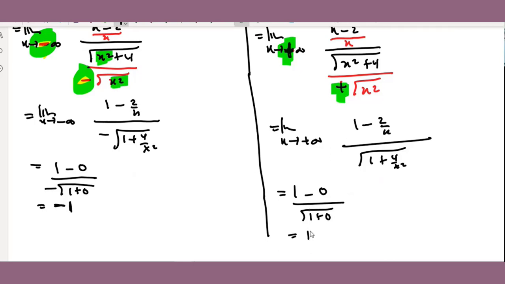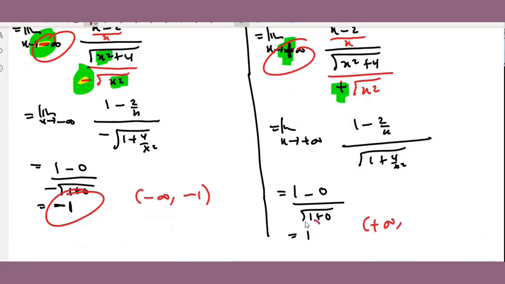Then check, this one is the x value going to negative infinity, and this is the y value. So now we can say that y is equal to 1.